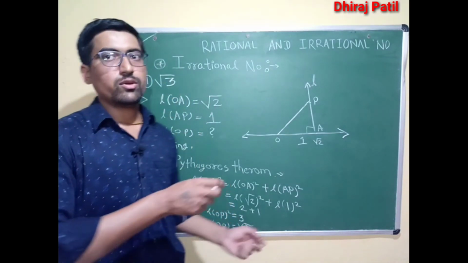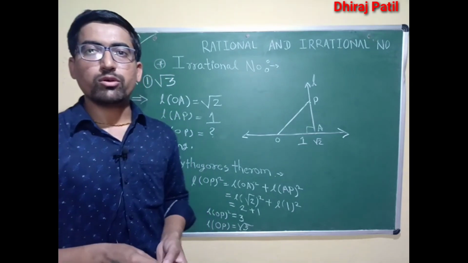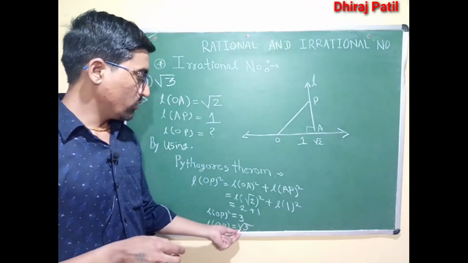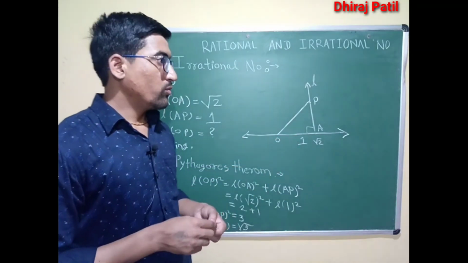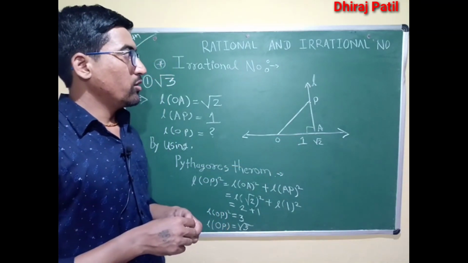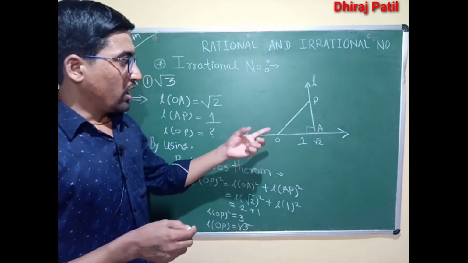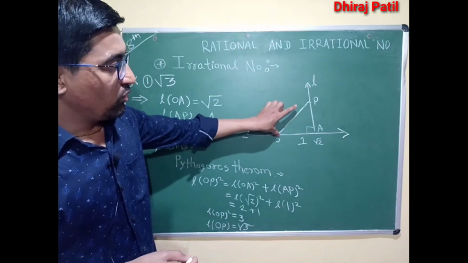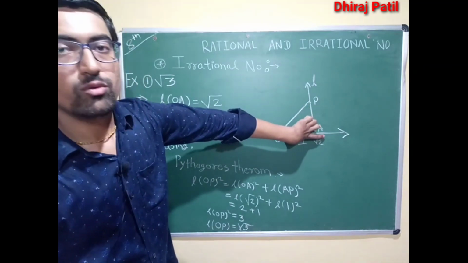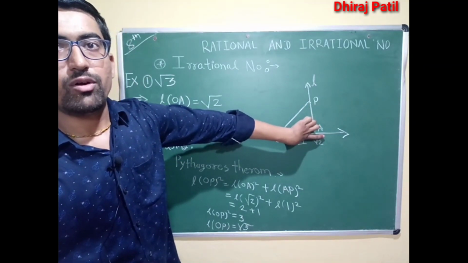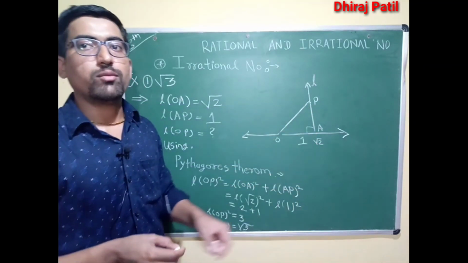So friends, in this way, by using Pythagoras theorem, we solve how to get root 3 on the number line. In a similar way, we take one arc from point O, with OP as our hypotenuse. In such a way we mark on the number line and get the position of root 3.